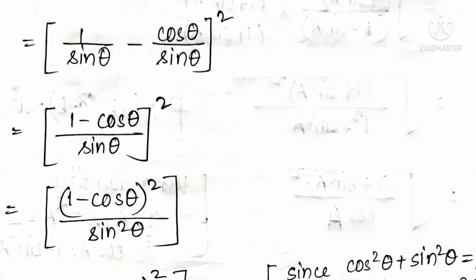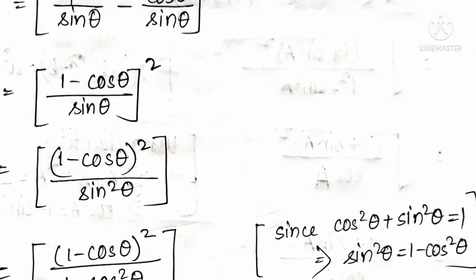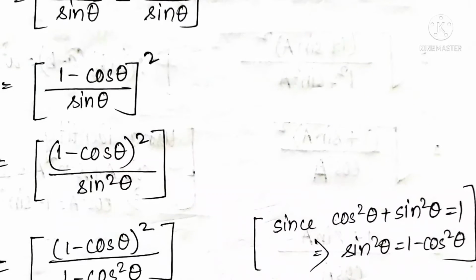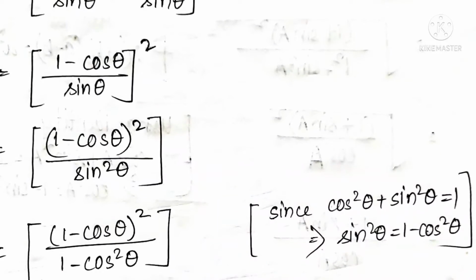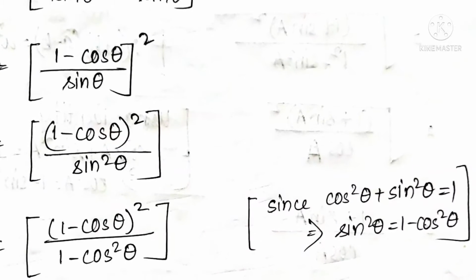So now you know the identity, since cos square theta plus sin square theta is equal to 1, from here we can easily find the value of sin square theta, that will be 1 minus cos square theta. So in the denominator you can see sin square theta is present. So in place of sin square theta I can write 1 minus cos square theta.